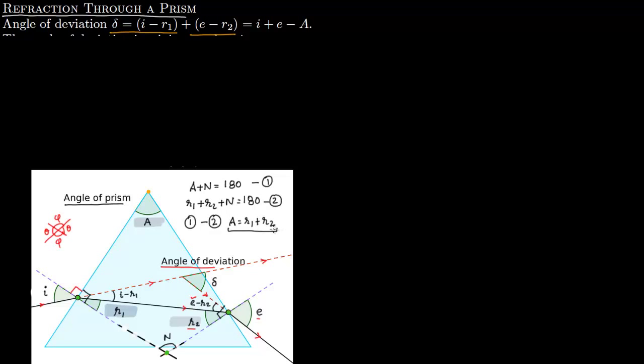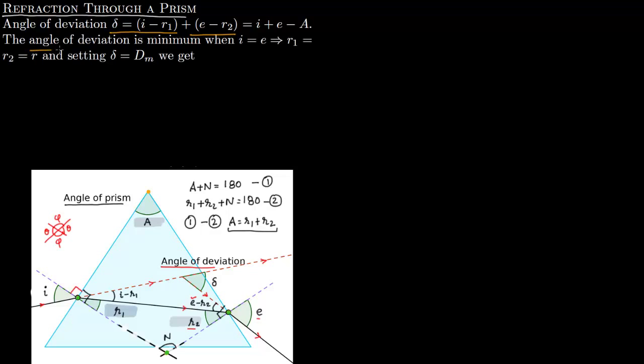Now if you conduct an experiment, you keep changing the angle of incidence and you keep measuring this E, you will find that the angle of deviation is minimum when I is equal to E. Now when I is equal to E, that means R1 will be equal to R2.